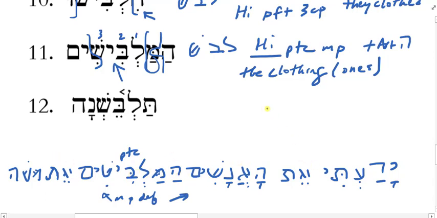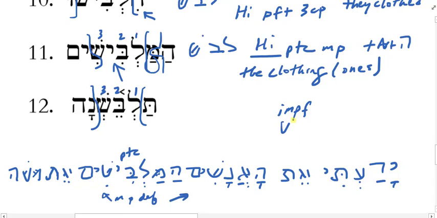All right, good. Now, number 12, I have tal beshna. So you see lavash again. Now I have a prefix tav and nun on the back side. Does that look like the person, gender, number of any kind of conjugation pattern you've learned?